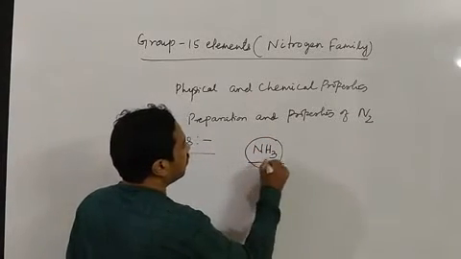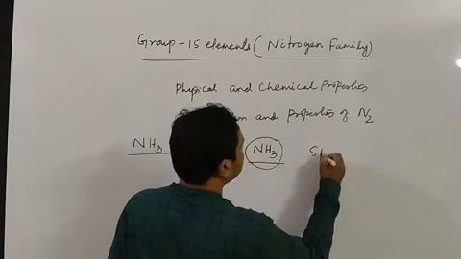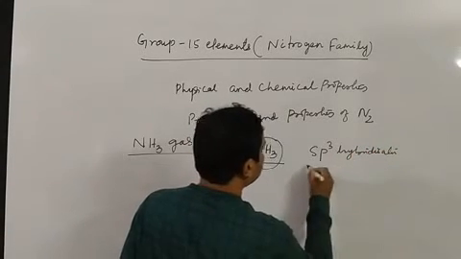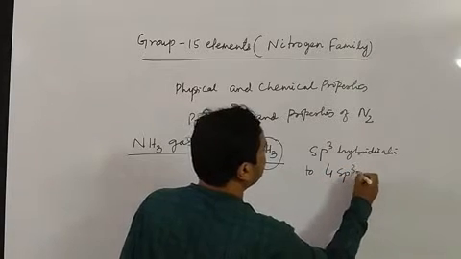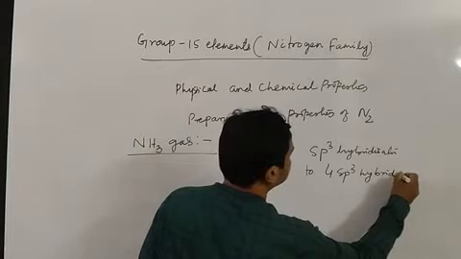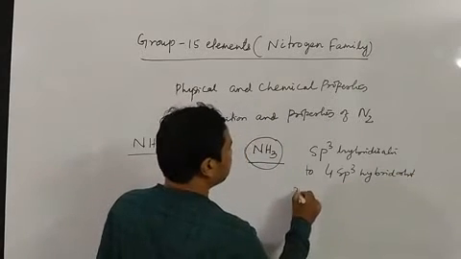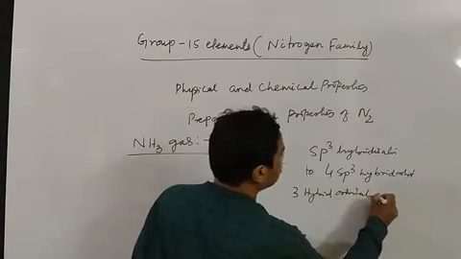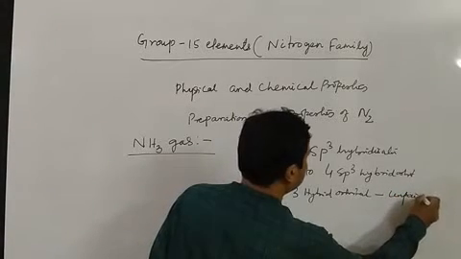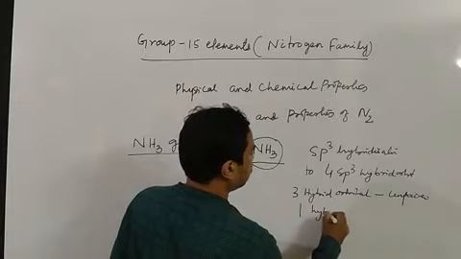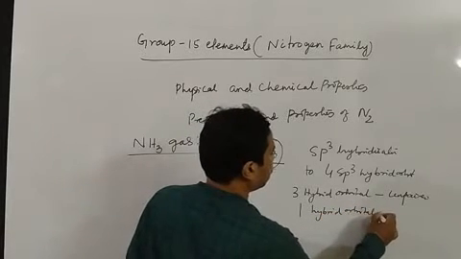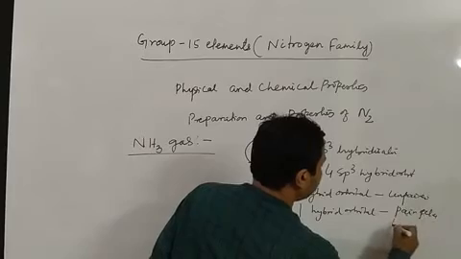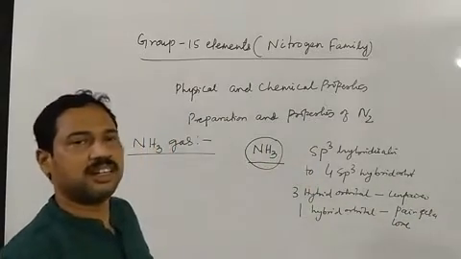In ammonia the nitrogen undergoes sp3 hybridization to give 4 sp3 hybrid orbitals. 3 hybrid orbitals contain an unpaired electron and 1 hybrid orbital contains a lone pair of electrons, which does not participate in bond formation.